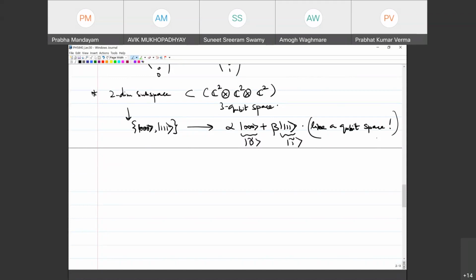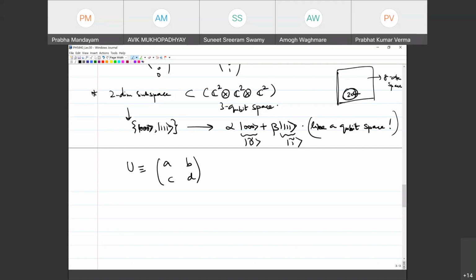If I think of this full thing as my 8-dimensional space, this 2-dimensional space is sitting here. So on this 2-dimensional subspace, it's effectively the space of a qubit, and on the 0 tilde, 1 tilde, the U essentially looks like this single qubit unitary ABC.